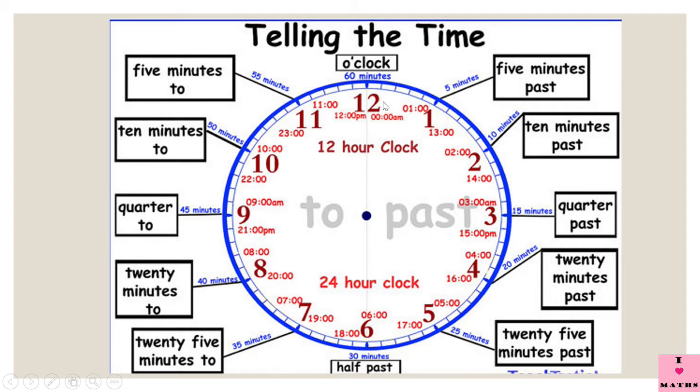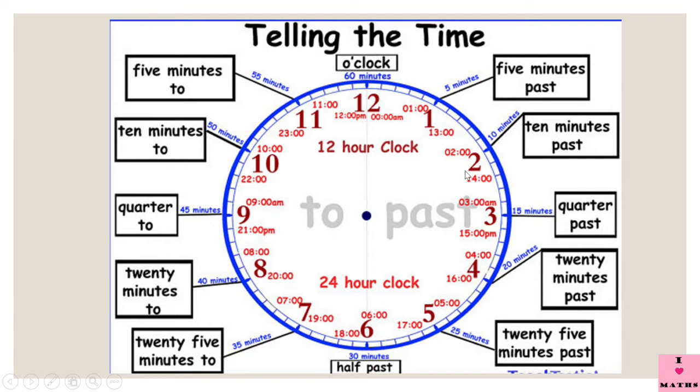See children, till 12 noon, 12 hours have passed since the day started. Now, at 1 p.m., it is the 13th hour of the day. So, in 24-hour clock, we write it as 1300 hours.